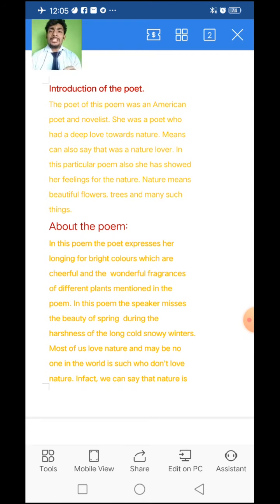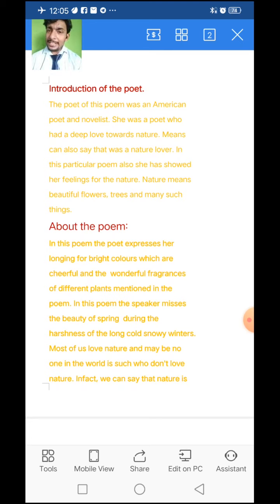The way she has described various elements, may it be flowers, meadows, weather, season, or anything else, is very beautiful. That is why we can say that she is a justified nature lover who loves nature a lot.